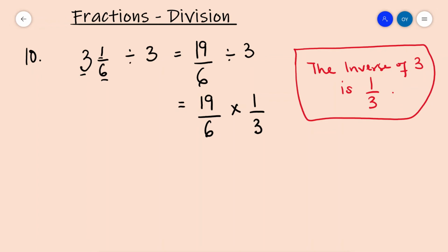Now we see that no common factors here, so we multiply the numbers out as 19/6 times 3, 18. So that's 19/18, and this is an improper fraction. We change to mixed number, and that is 1 1/18.